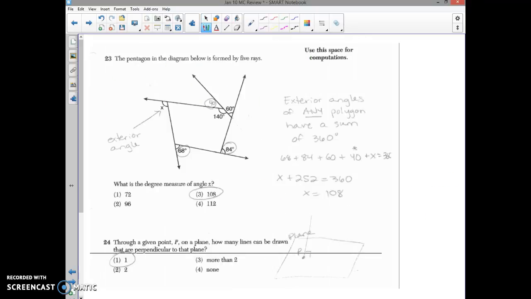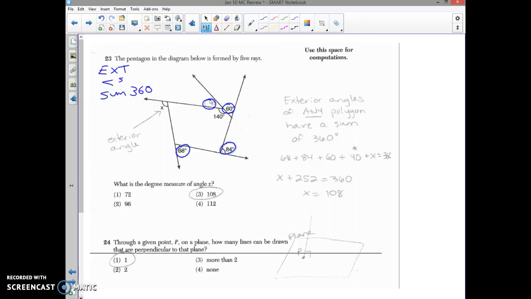All right, the next one, I don't think we've talked about this yet, but the exterior angles of any polygon have to add up to 360. The exterior angles sum to 360.